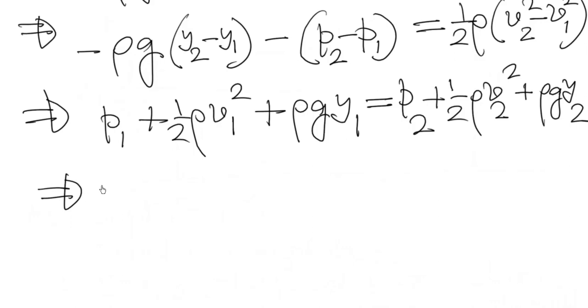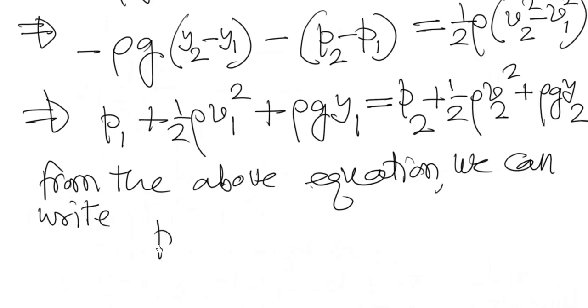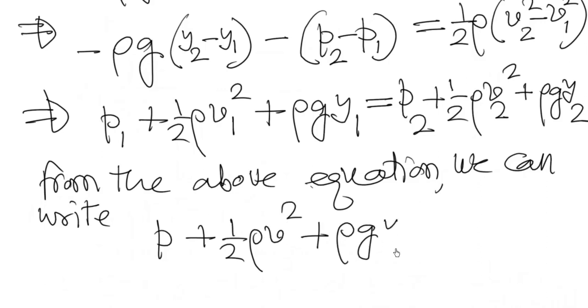That means we can say that pressure P plus half rho V square plus rho g y equal to constant, and instead of y, if we say this is h, height, equal to constant. This is the Bernoulli equation.